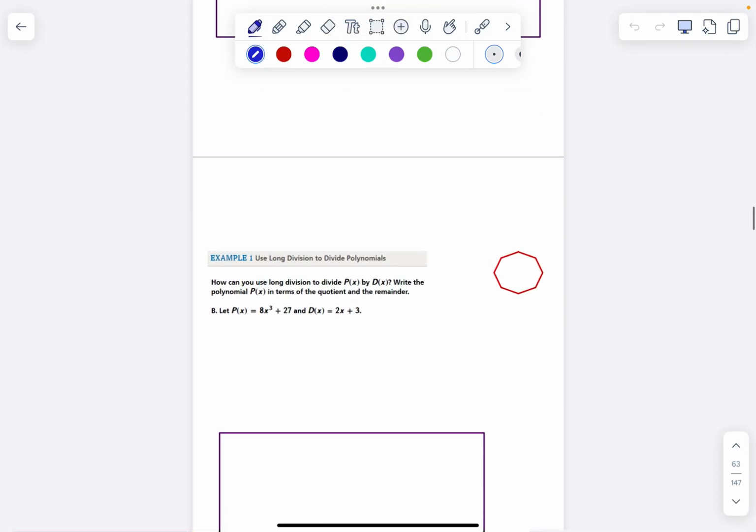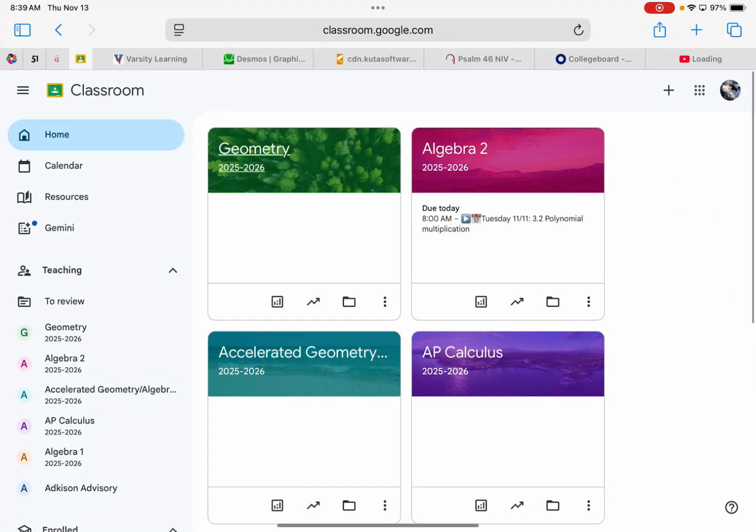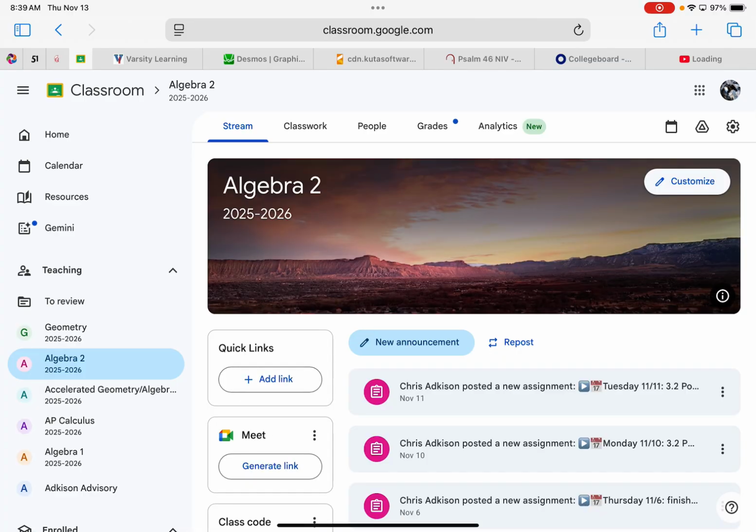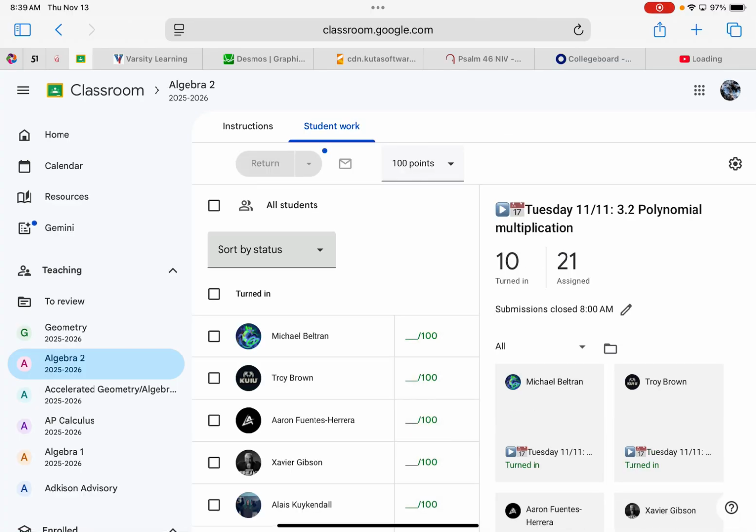And then go ahead and grab your homework and your notes and all that stuff. For this one, I turned it in on Classroom, but it says it's missing. Okay. Did you turn it in late? Okay. Will you remind me at the end? Yeah.